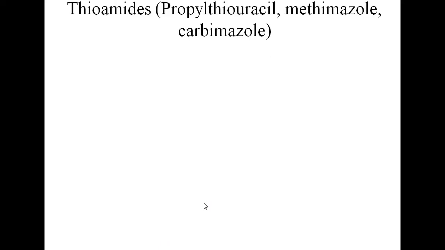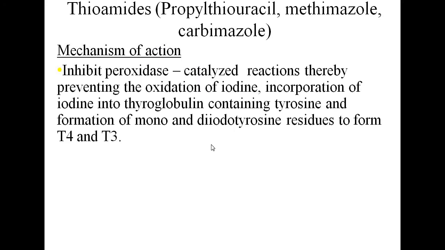Coming to the thioamides, propylthiouracil is usually a 5-mark question. We will describe the mechanism of action, uses, and adverse effects. The mechanism of action of the thioamides: they inhibit the key enzyme in thyroid hormone synthesis, namely peroxidase.